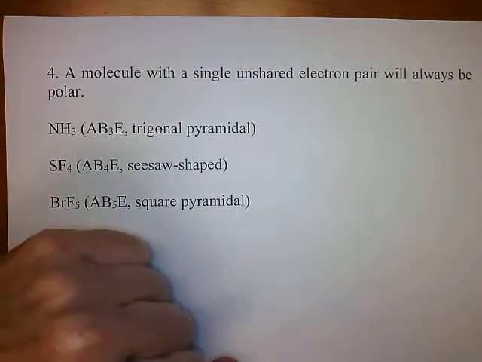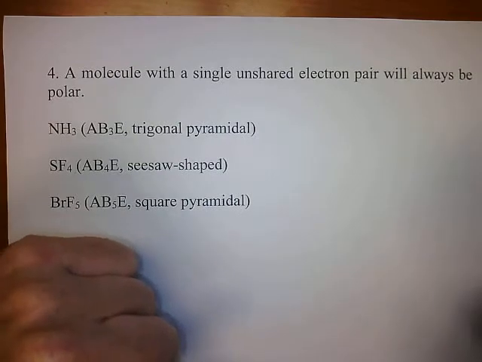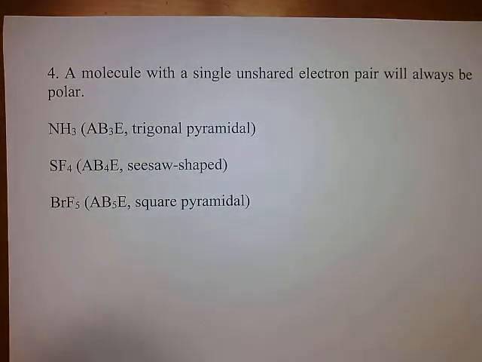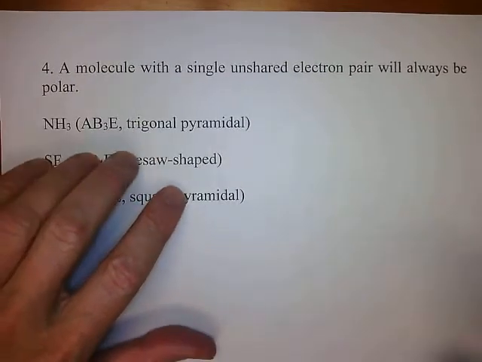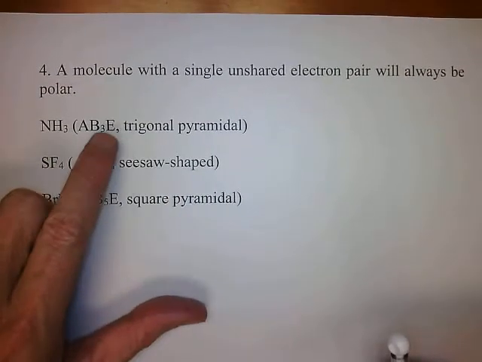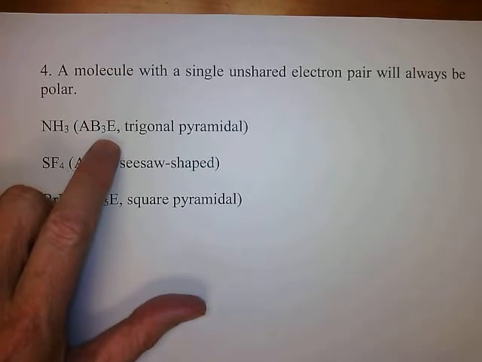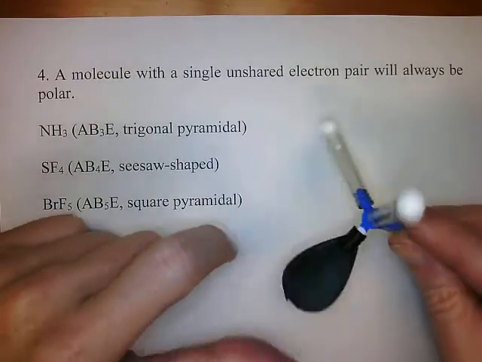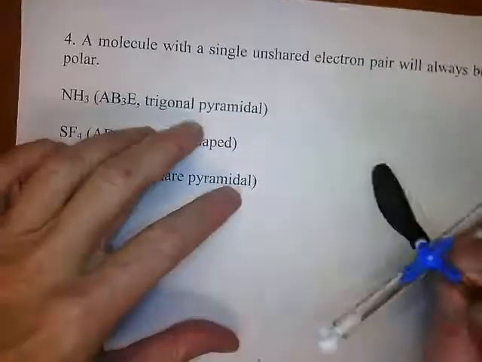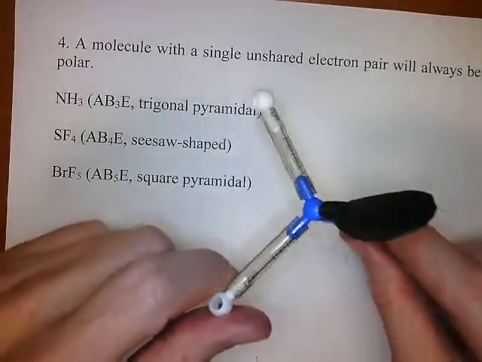But if you have just one, it's always going to be polar because there's nothing to balance that out. So, for example, ammonia, NH3, which was our example of an AB3E molecule, which we said has trigonal pyramidal geometry, looks like this. So you've got three atoms and a lone pair.